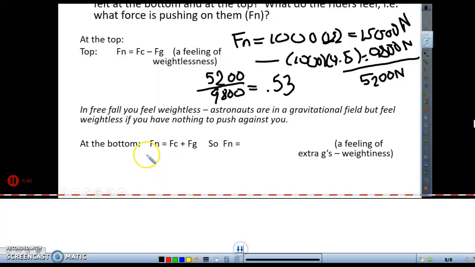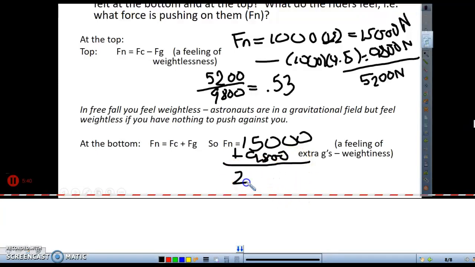But now here, what's going to happen, I'm not going to try to rewrite this, but I'm going to add this. So this is going to be 15,000 plus F sub N at the bottom is going to be plus that. So the feeling is going to be 15,000 plus 9,800. We're looking at 24,800.